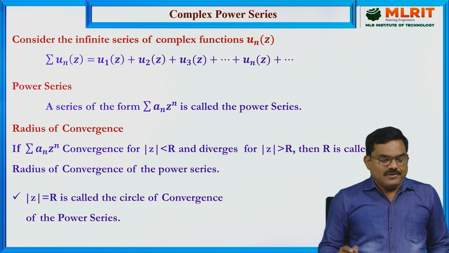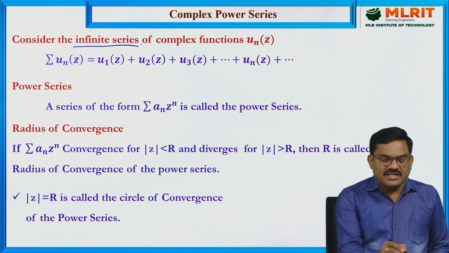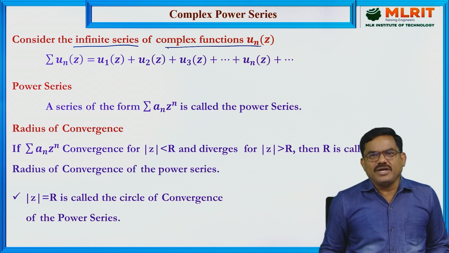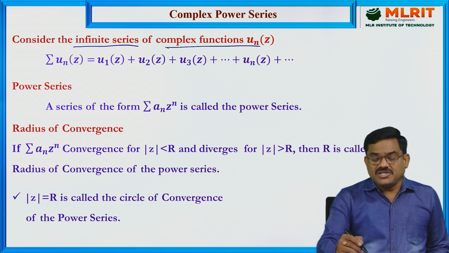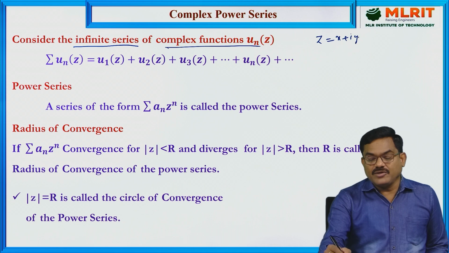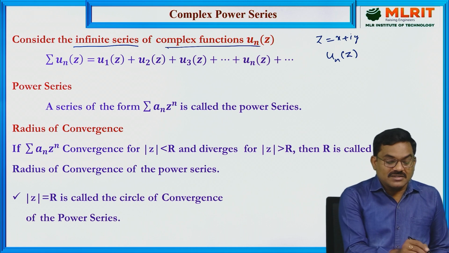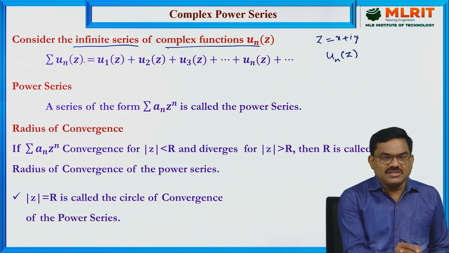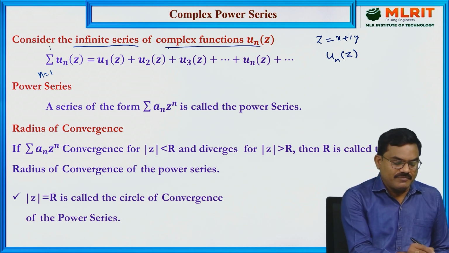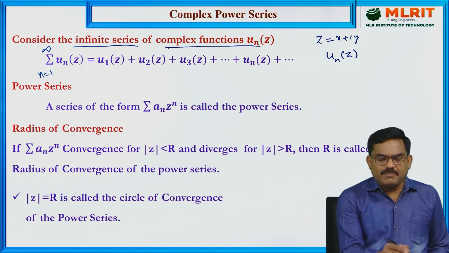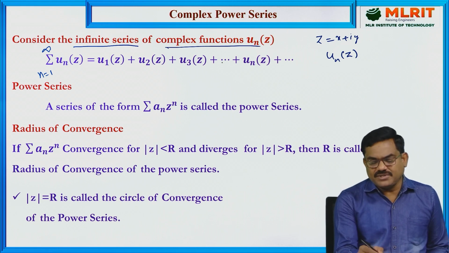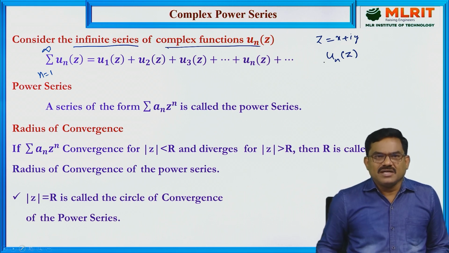Now, consider the infinite series of complex functions un of z. So here z is a complex variable, z is x plus iy, and we are using that in the function u. So it's a function of a complex variable, and the series sigma un of z, again from n equal to 1 to infinity, u1 of z plus u2 of z plus u3 of z and so on, which is a series of complex functions.